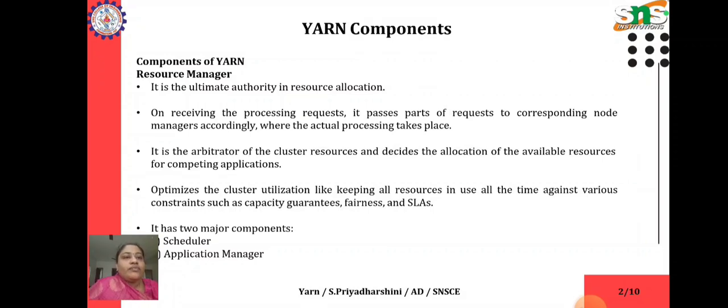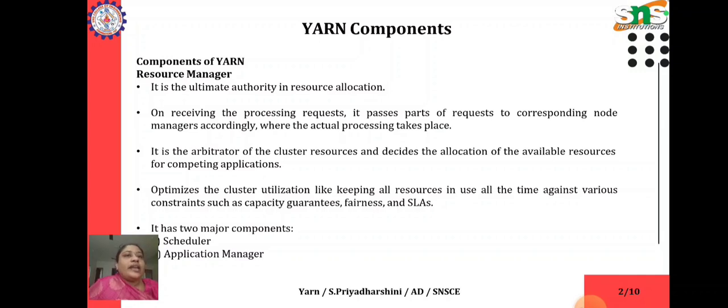YARN was introduced in Hadoop version 2.0 to reduce the bottleneck that was available in Hadoop version 1.0. In Hadoop version 1.0, HDFS was handling the file system storage, whereas the processing of data was done only by MapReduce, which was a severe bottleneck to map and reduce tasks.